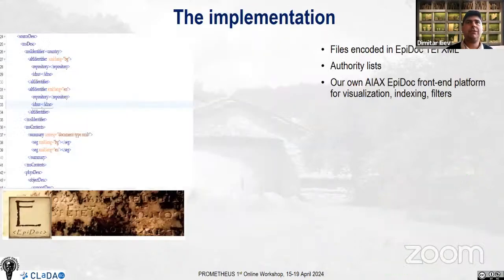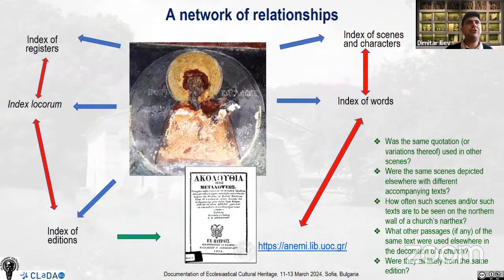So this is something I think that a digital edition could provide the tools for more successful research of such questions than a printed corpus, all the more that, as you saw, the printed corpora which exist are actually corpora of the church murals themselves, and not a proper epigraphic edition of the text, together with accompanying commentary, such as the one you saw from the editions of classical epigraphic monuments.